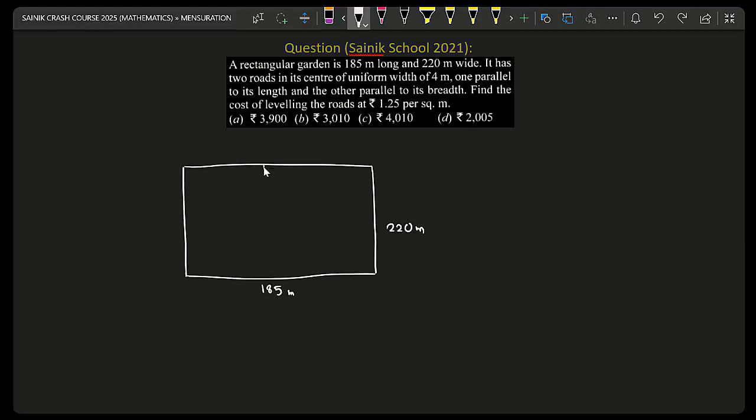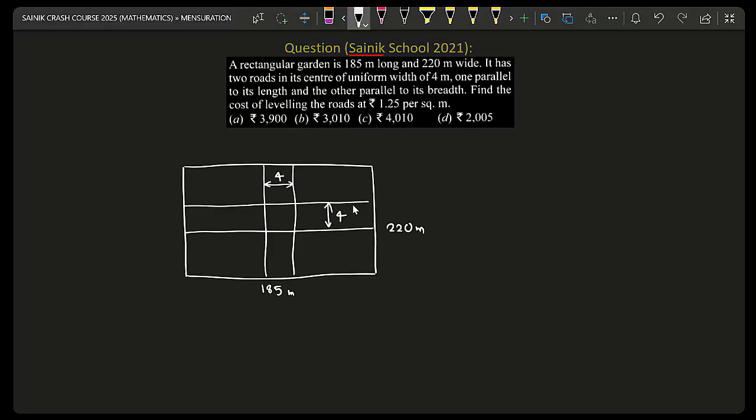This is parallel to the breadth or parallel to the length? Sir, parallel to the breadth. Yes. Similarly, we have parallel to the length also, right? Yes, sir. Both the roads have uniform width. What is the width of this road? 4 meters.